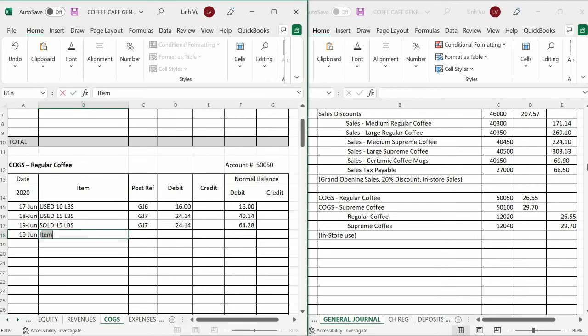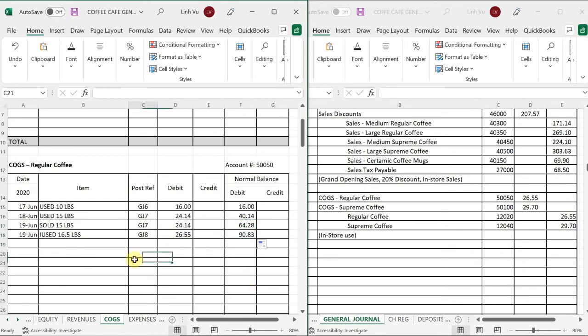Okay, for $26.55. Now the debit total is $90.83.